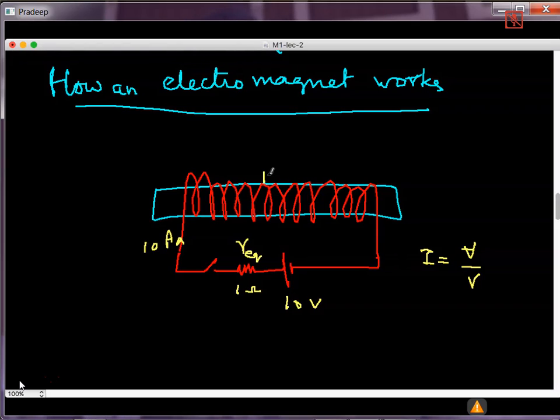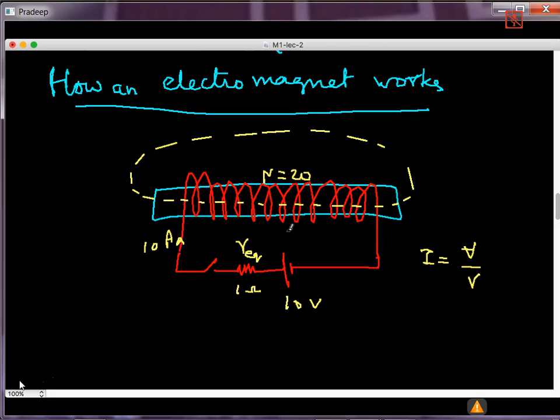Let's say the number of turns is 20. So 10 into 20, 100 ampere turns are there. That will result in some flux, and this whole core will become magnetized.